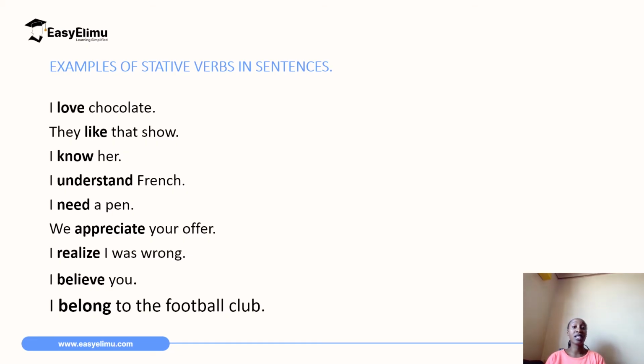In this sentence, the subject is I. After that, identify what this subject is doing if you're looking for an action verb, or the state in which this subject is in if you're looking for a stative verb. And so in this sentence, love is the verb, the stative verb.